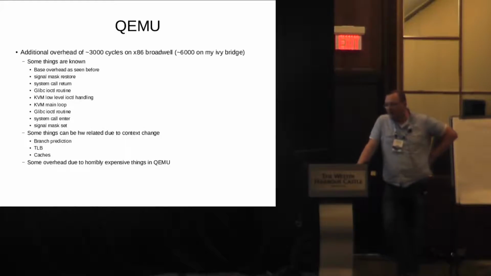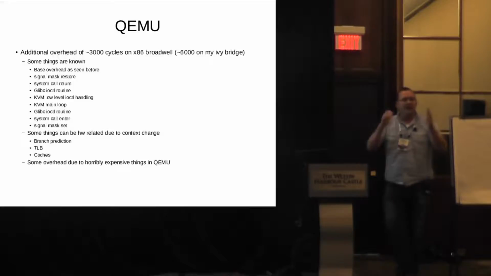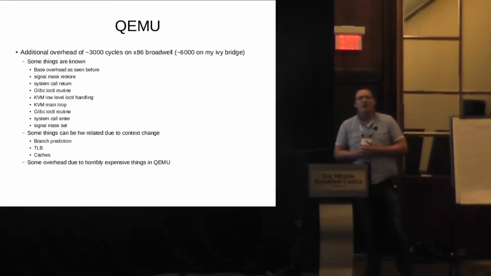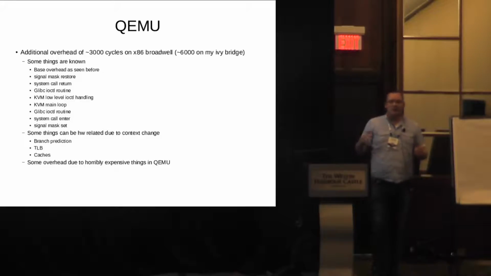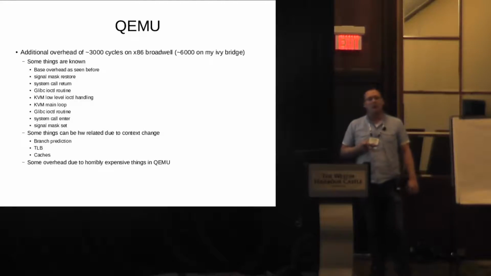And there are lots of things which are known. Of course, the overhead that we have seen just now. Then there is signal mask handling in KVM. Radim had some interesting patches that we might want to use for S390 to get rid of them. Then, of course, there's the system call return. KVM run is a system call, an ioctl, and it will return to the glibc function. There's some kind of plumbing code. It will return to the KVM low-level routine, the main loop.